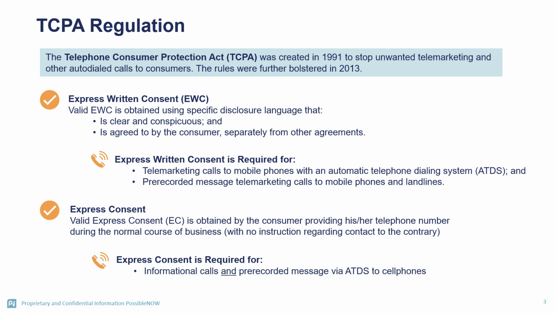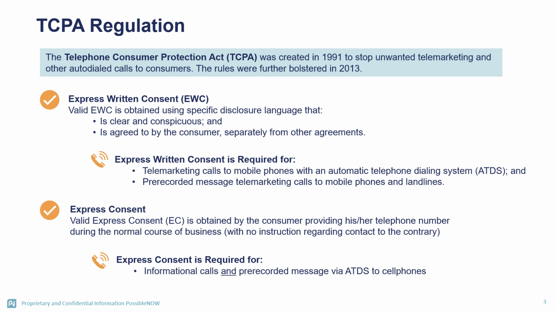The second type of consent we talk about is express consent. The FCC has opined and said that valid express consent is obtained anytime that you receive a consumer's telephone number from that consumer during the normal course of business with no instructions to the contrary. So there shouldn't be any limitations on when you're getting that phone number from the consumer or how you're going to be using it.